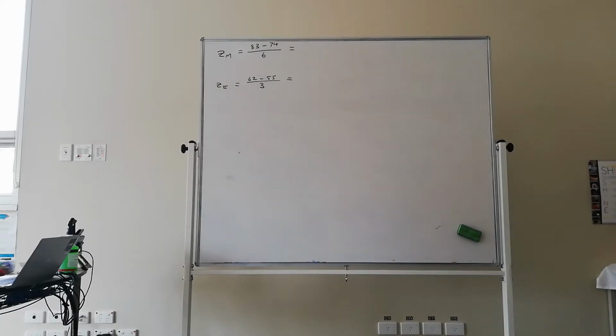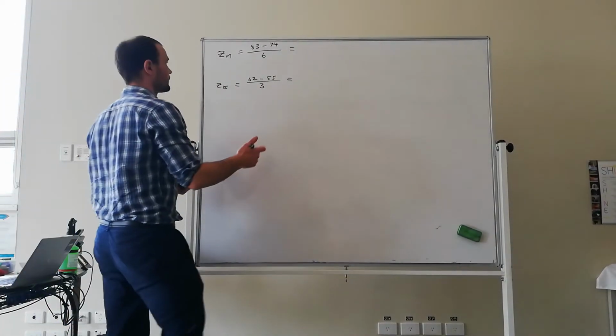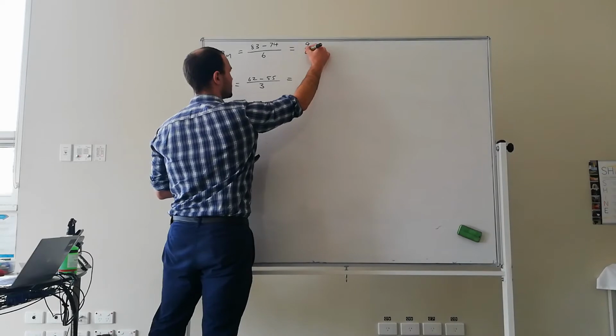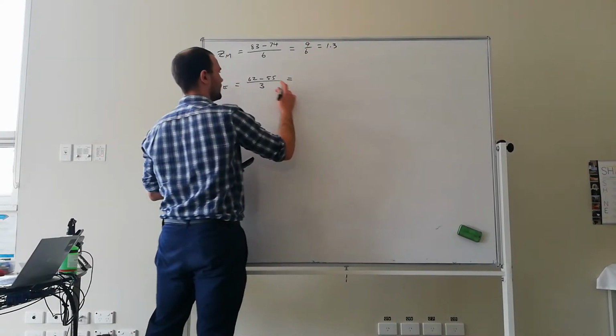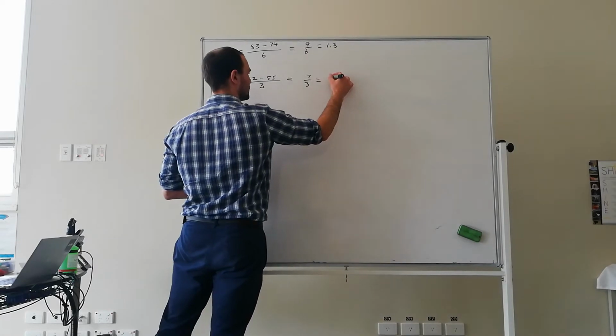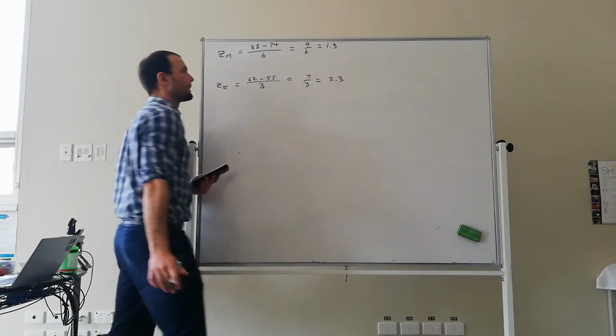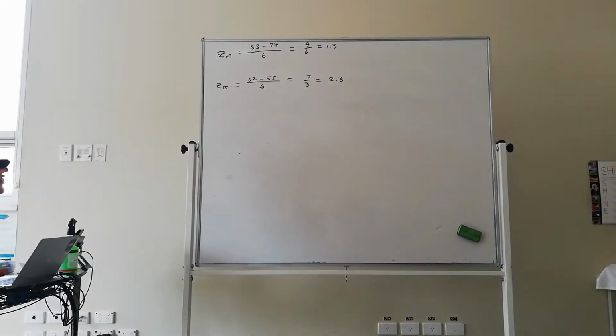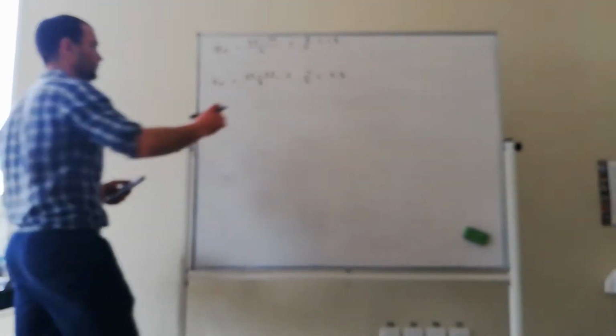So here we'll have 9 on 6, well, we did that, and here we'll have 7 on 3. That's 1.5.